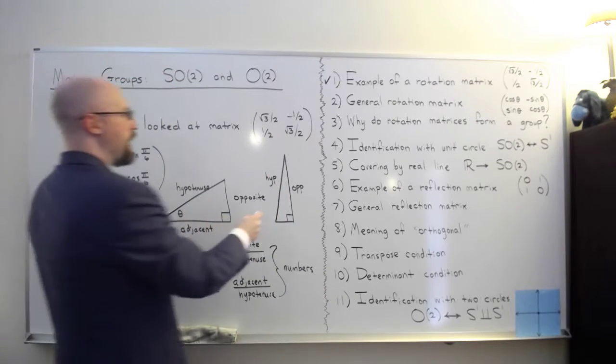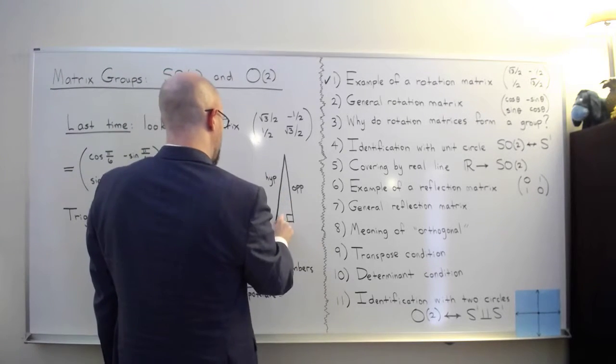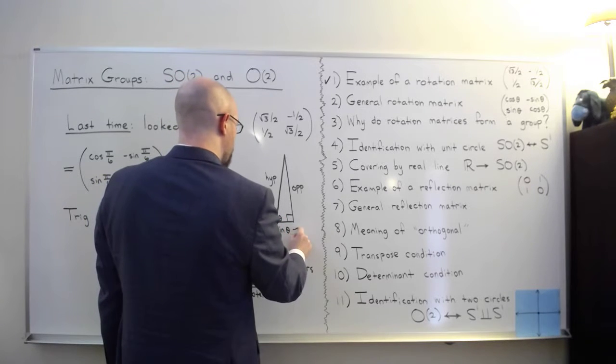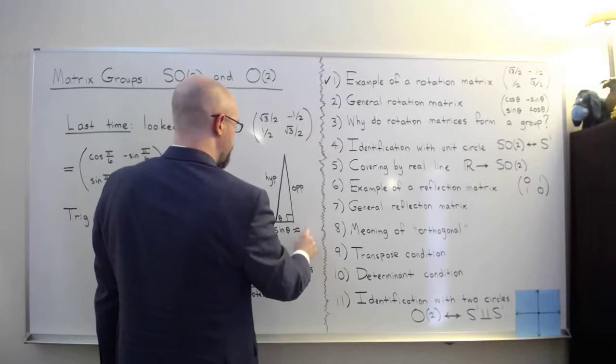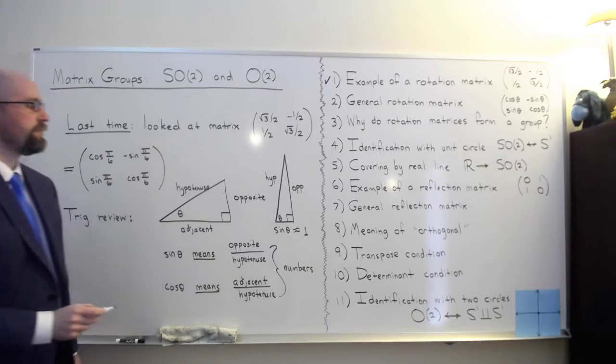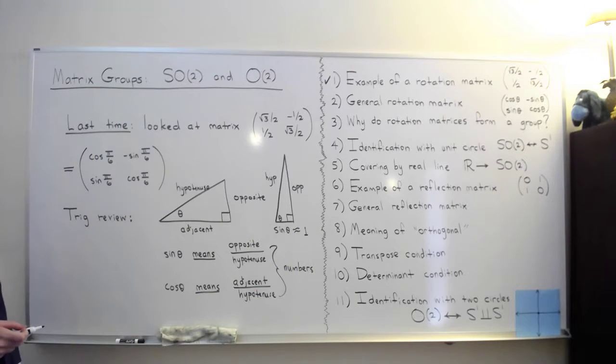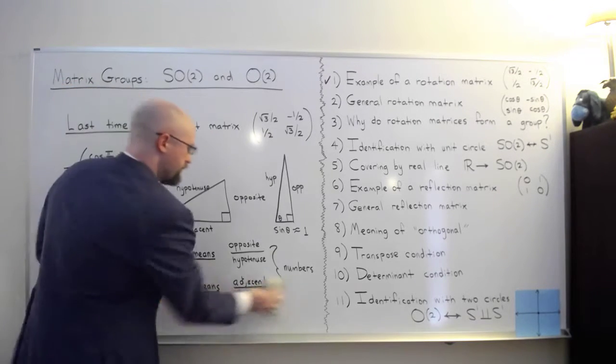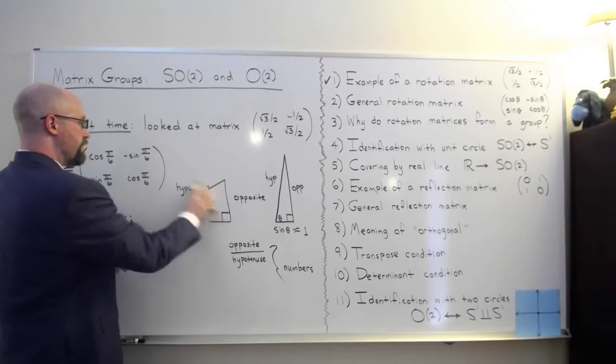Here, if that's theta there, the sine of theta is almost 1. It's close to 1. It's not quite 1. And so on. But that's what these are measuring, just to remind you.